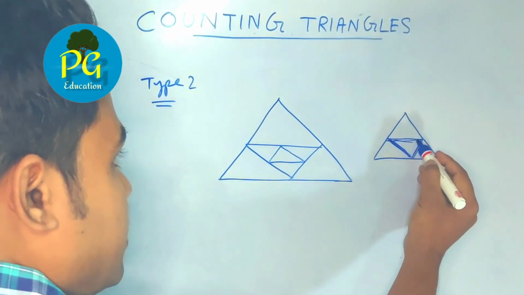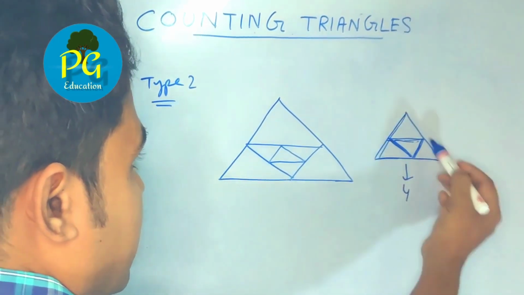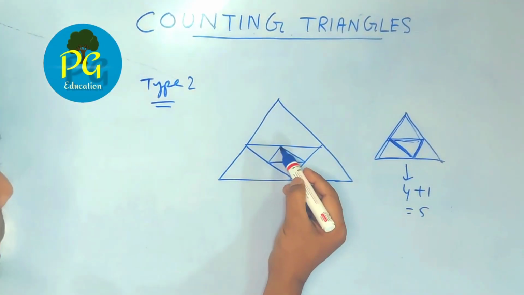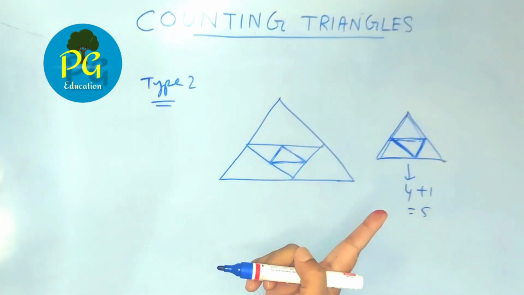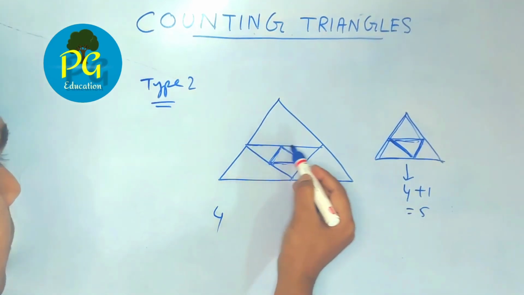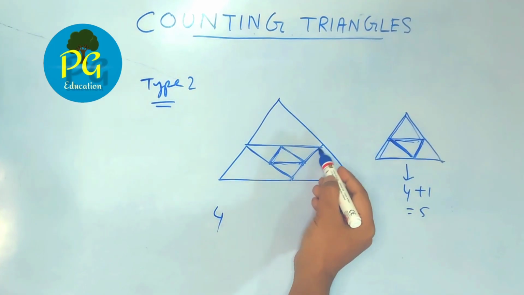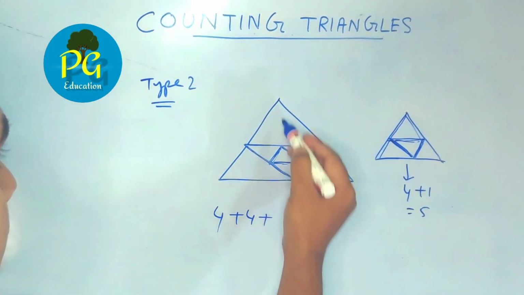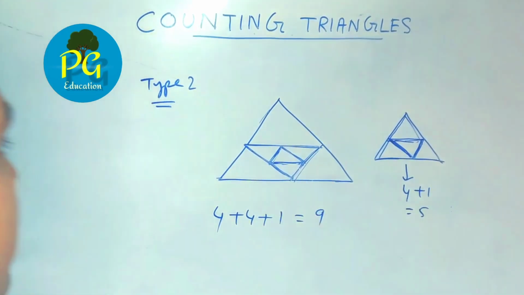For this triangle you have to count 4 triangles, and the outer triangle, so it is 5. So for this one you need to count 4, and for this one you have to count another 4, that means 4 plus 4, and the outer triangle, that means 1, that means 9 triangles are there.